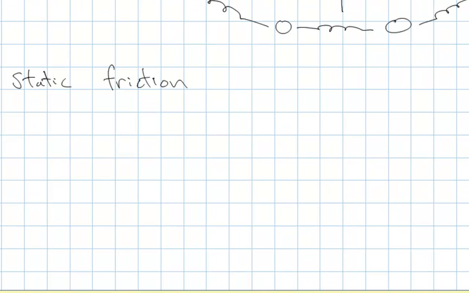Static friction is similar to normal force in that it reacts and can change. Let's start with a simple situation. We have a flat surface with a book sitting on top of it. There's a normal force pushing up because the weight of gravity is pulling down, and the normal force is supporting the book. But there are no horizontal forces.